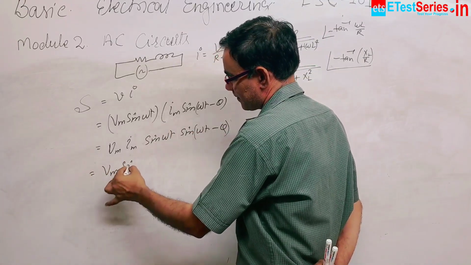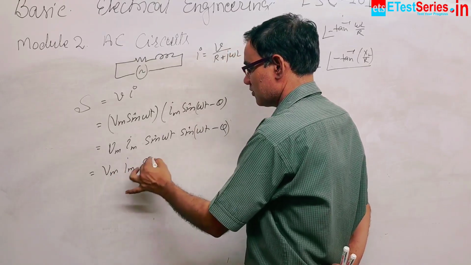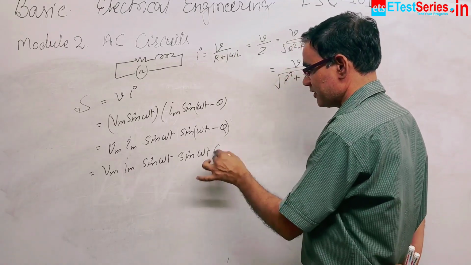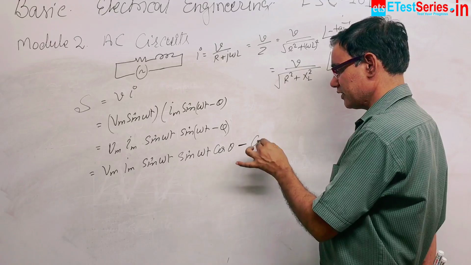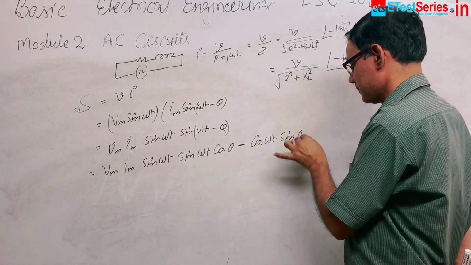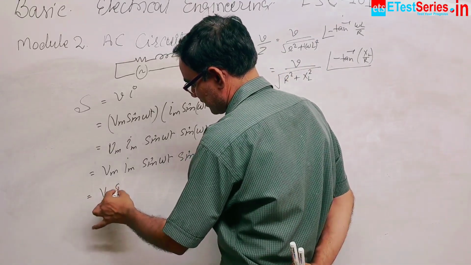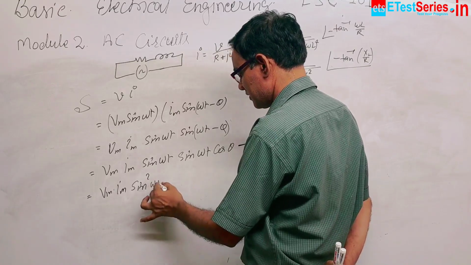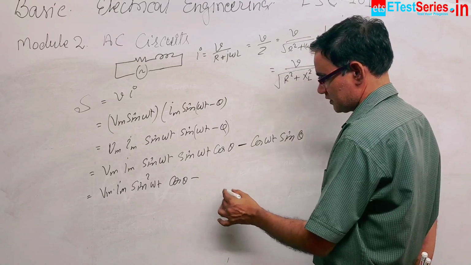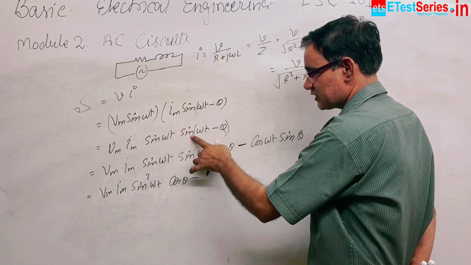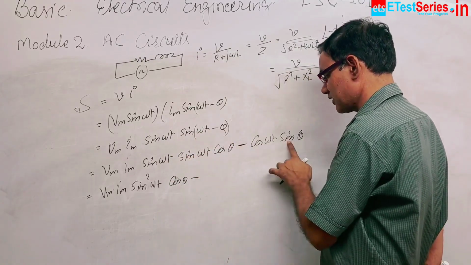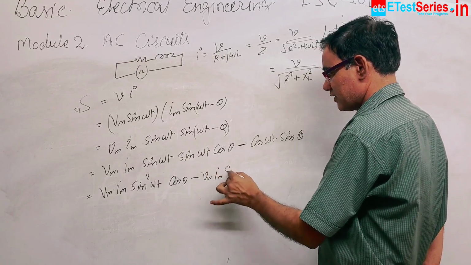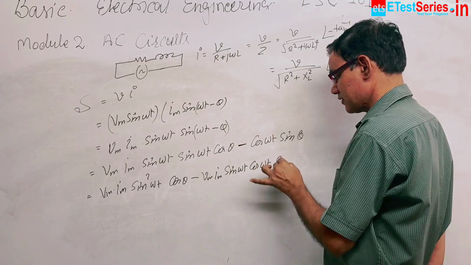So it is equal to Vm Im sin omega t times sin omega t minus theta. Sin of A minus B is sin A cos B minus cos A sin B. So it becomes Vm Im sin square omega t cos theta minus Vm Im sin omega t cos omega t sin theta.